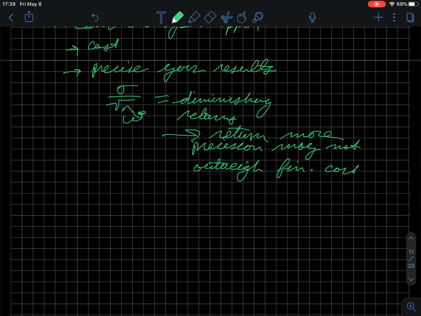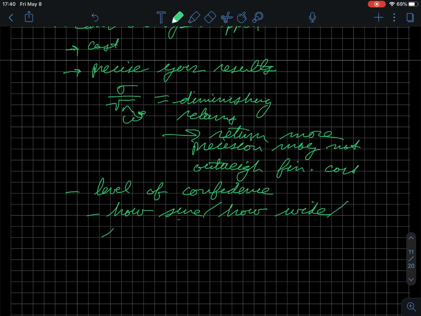These decisions are also made by the level of confidence one wants, whether that's 95% or 99%, and how sure, and how wide or narrow a confidence interval should be.